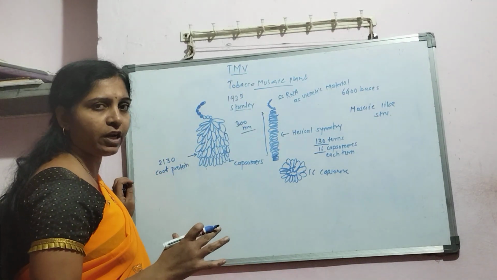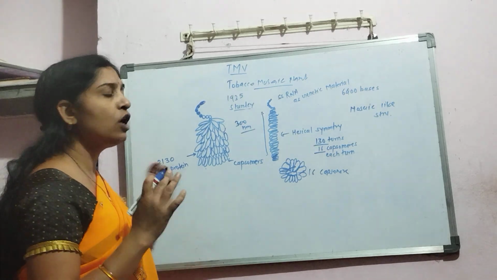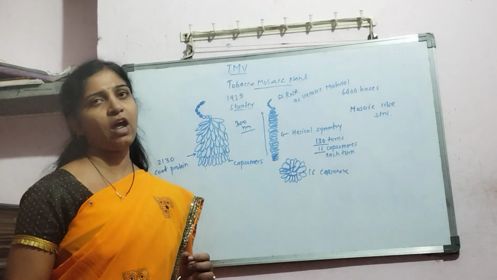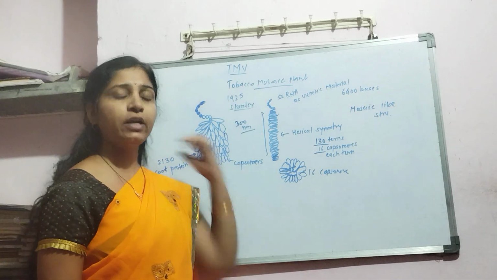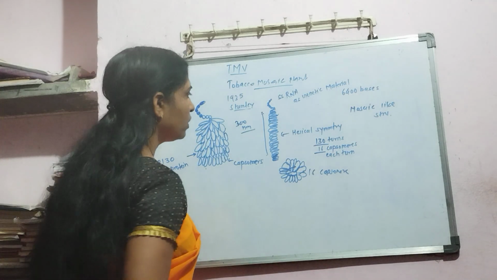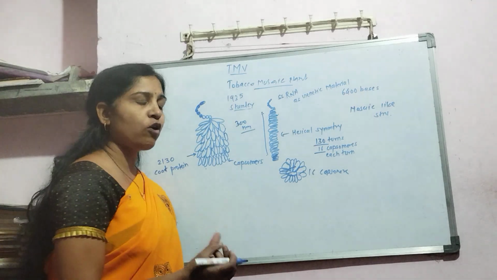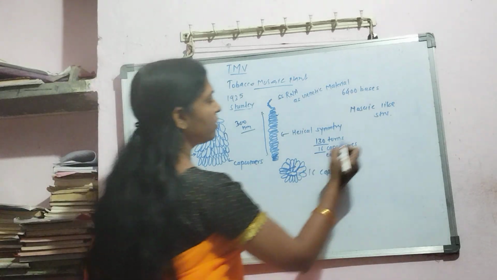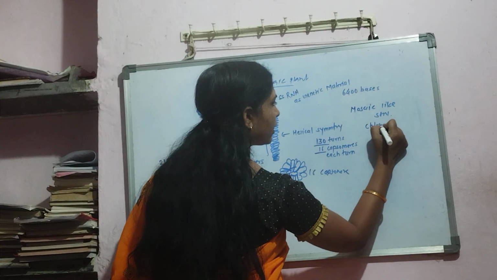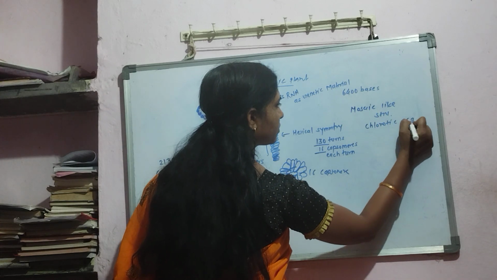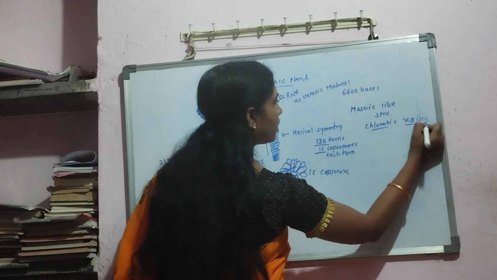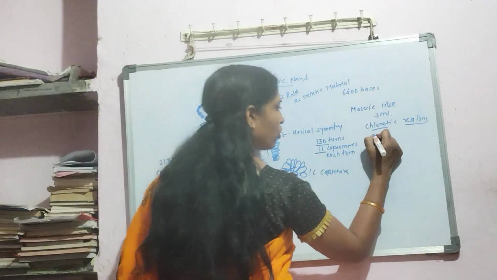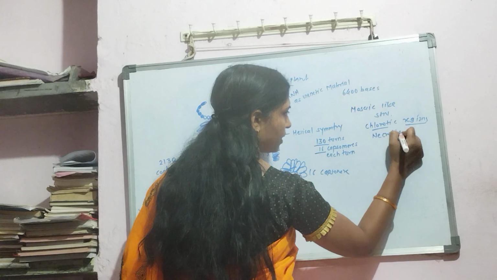The main target of this TMV virus is the leaves of the plants, and preferentially the young leaves are mostly affected by the attack of these viruses. Among the symptoms, there is majorly the formation of chlorotic regions, and necrotic lesions also result.